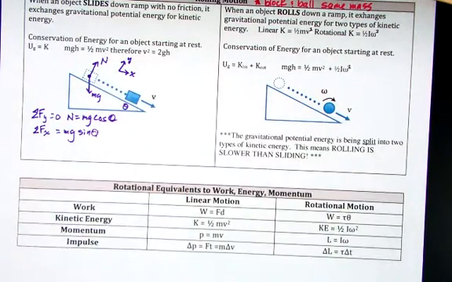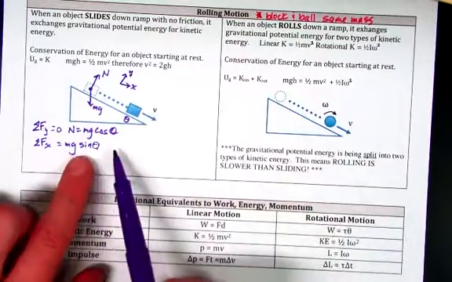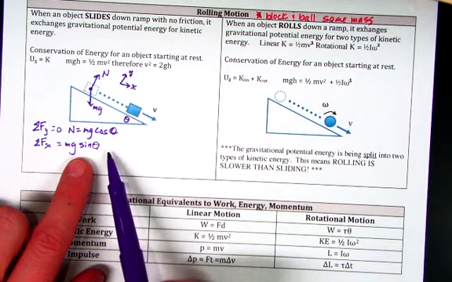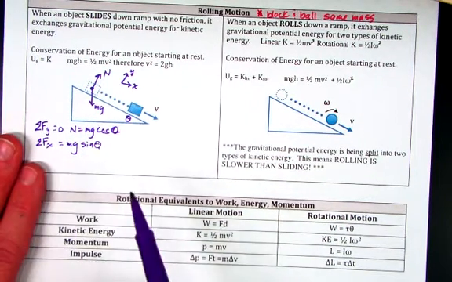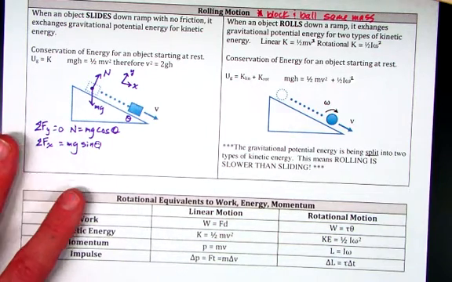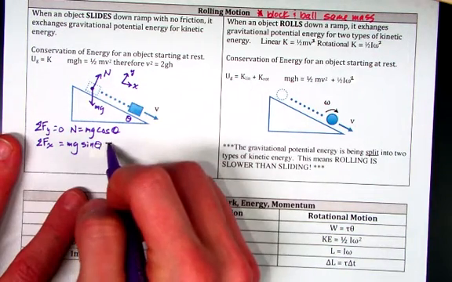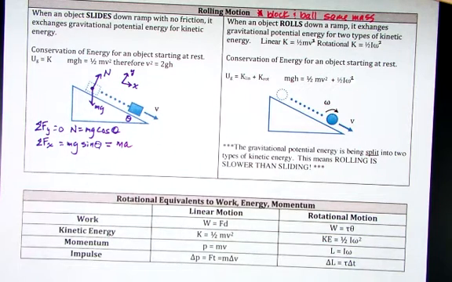Now, we don't have an opposing force because it says it has no friction. If we did, what would we have to do here? Yes, we would subtract the friction. Because this is the net force and it has a non-zero value, what do we know that this is equal to? Mass times acceleration.